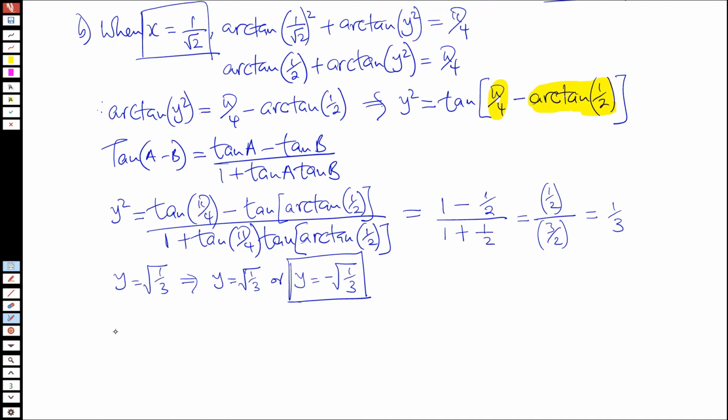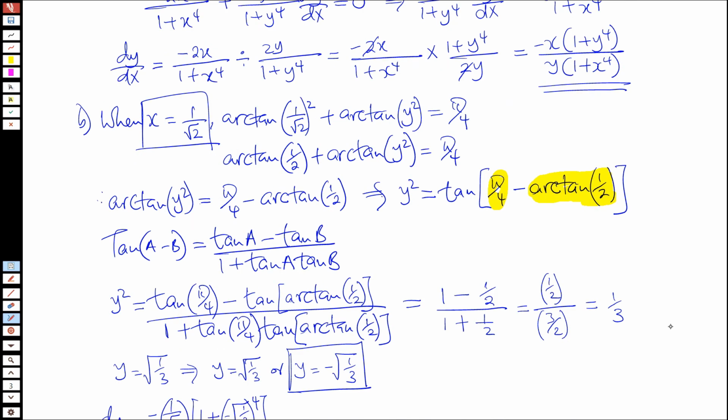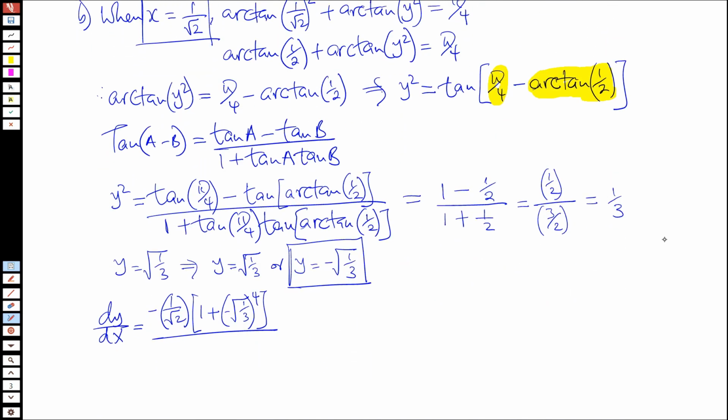So dy over dx will be equal to negative x, which is 1 over square root of 2, multiplied by 1 plus y to power 4, which is negative square root of a third to power 4, over y times the bracket 1 plus x to power 4.